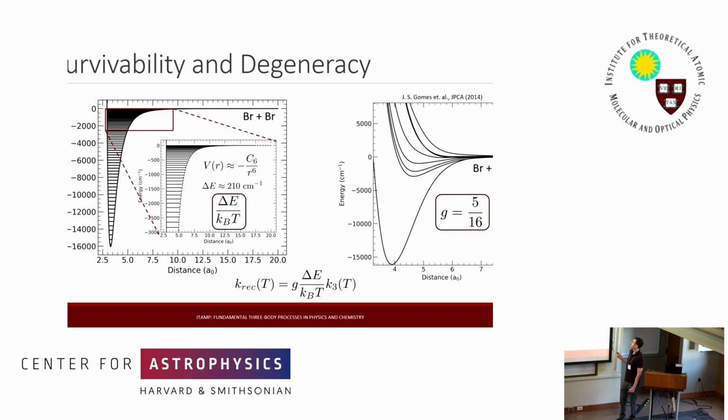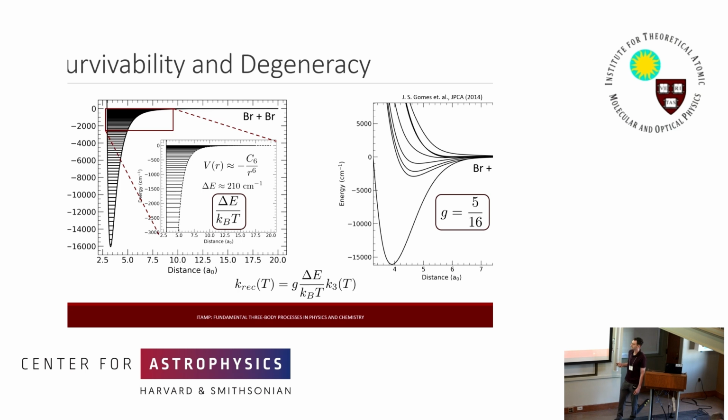We also consider the degeneracy of these halogens. And this was considered in all of the experiments as well, so it's a direct comparison. Essentially, when you have these two ground-state bromine atoms colliding, their energy levels split into a total of 16 different combinations, 4 for each, and 5 of which are attractive.